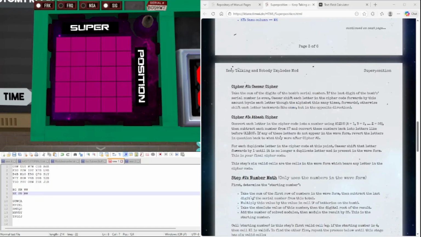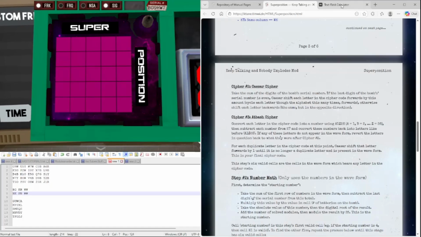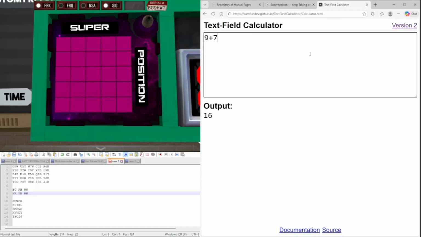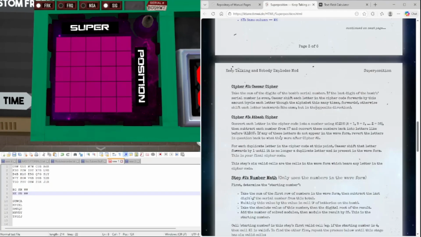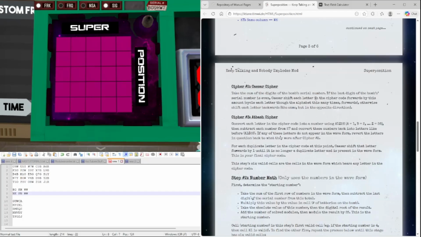Then we see cipher. There's other digits in the one serial number. That is 16. That's digit one serial number is even. Usually letter forwards, otherwise usually letter backwards.